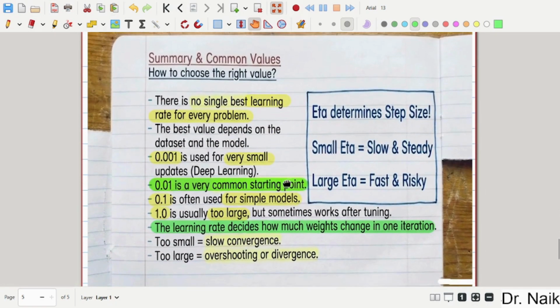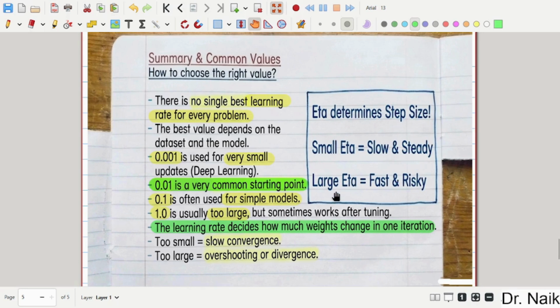Let us summarize. There is no single best learning rate for every problem. The best value for the learning rate depends on the data set and the model. If the learning rate is small, it is slow and steady.